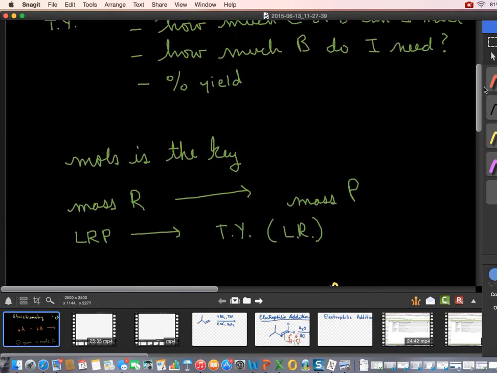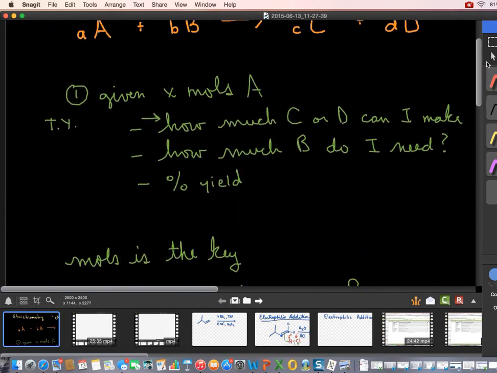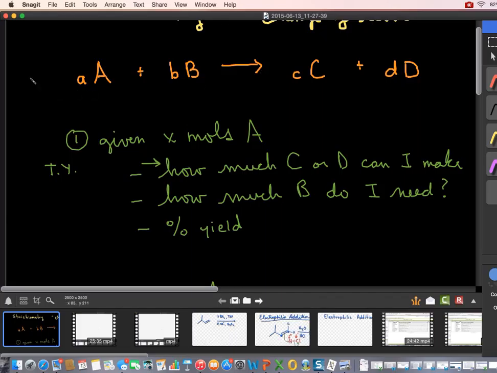Once I have the number of moles of a reactant, I gain access to the balanced chemical equation, and I can relate the moles of A to moles of C, or moles of A to moles of D. I can even relate moles of A to moles of B. So let's take a look at a few problems that fall under the umbrella of the first type of problem that I have rendered in green.